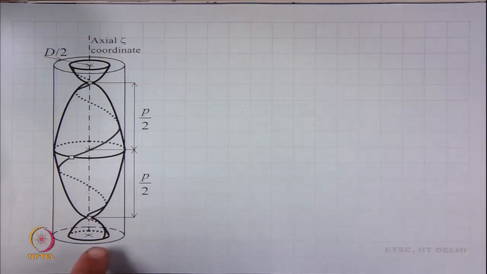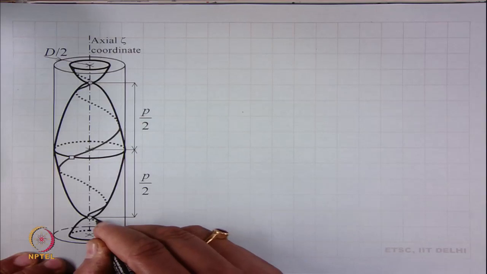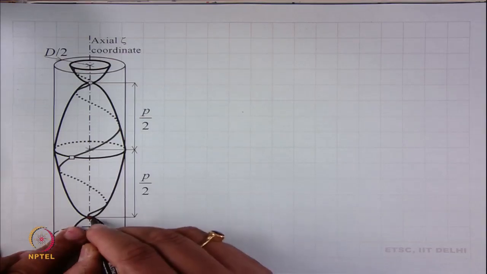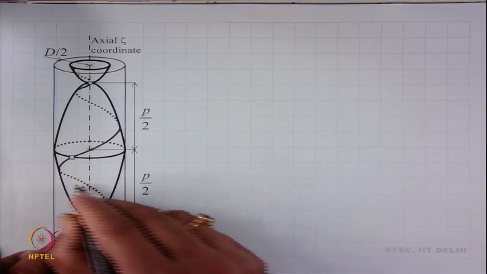Suppose a fiber starts from here, it touches the axis, red color, then it comes out to the surface, dotted line you can't see.